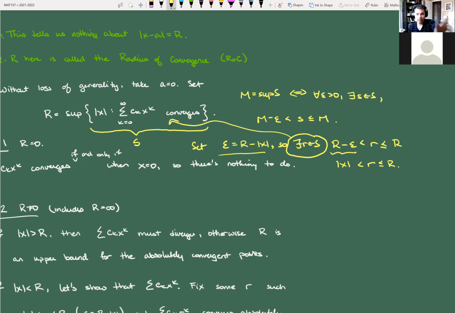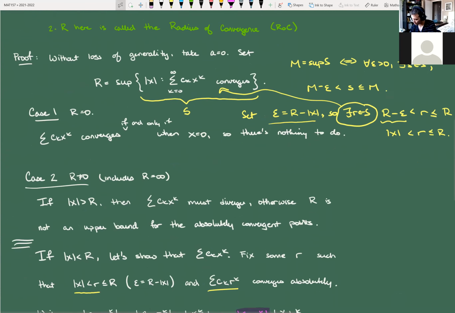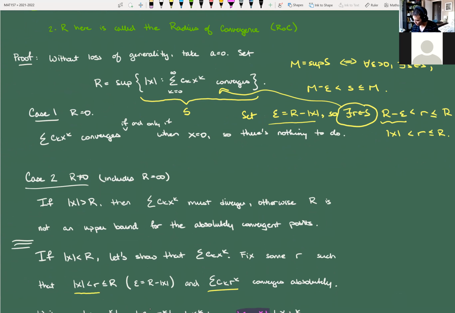So I've chosen something in there where I converge absolutely, and I can be guaranteed that it must be between the absolute value of x and R. Does that make sense? So when I say, yeah, this line down here, that's because we chose that little r to be one of the things in the set that I'm taking the supremum of, and I know those things converge by definition. Okay.